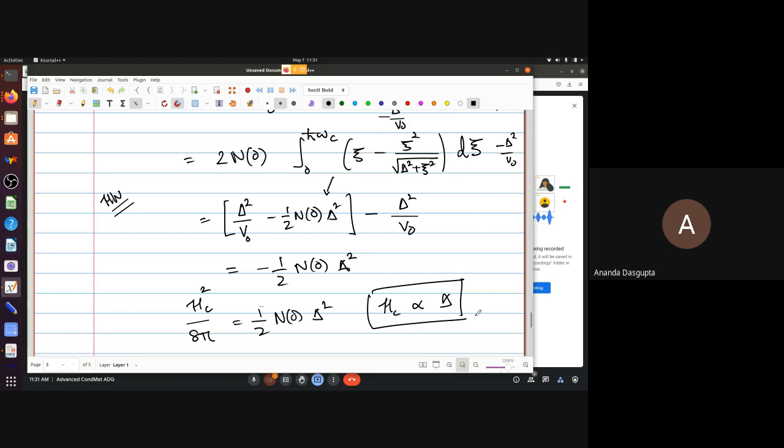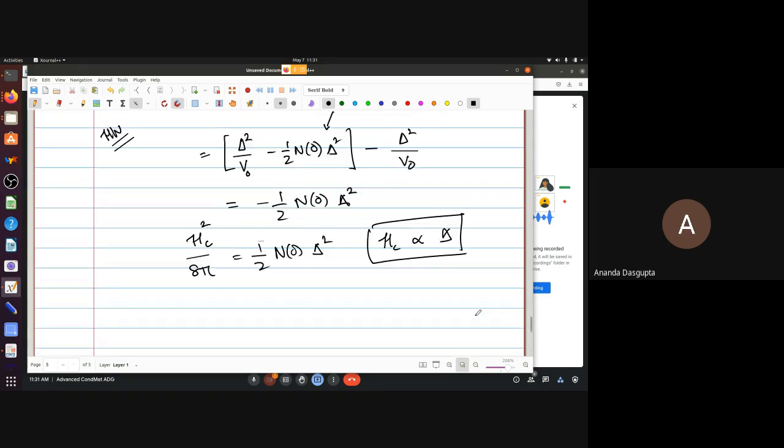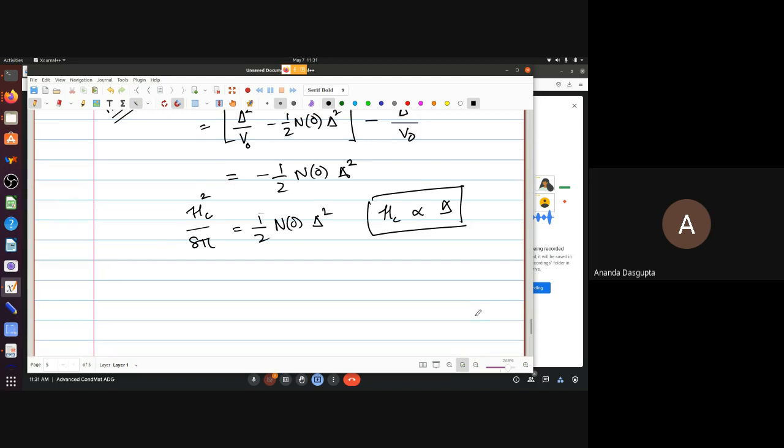Okay. More importantly, now comes an important issue. How do we even know what delta is going to be like? For that, of course, we have a formula. Delta is basically h cross omega c into e to the power minus 1 by N0 V, right? So delta essentially goes like h cross omega c.